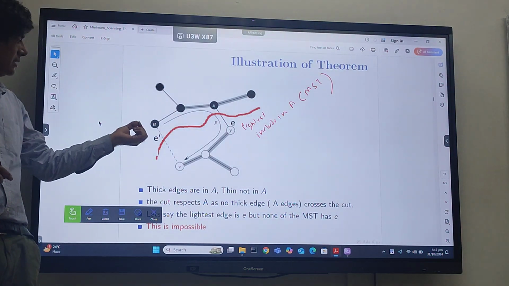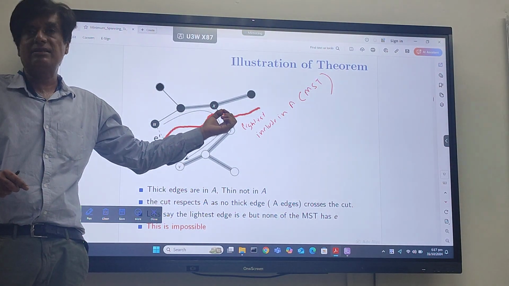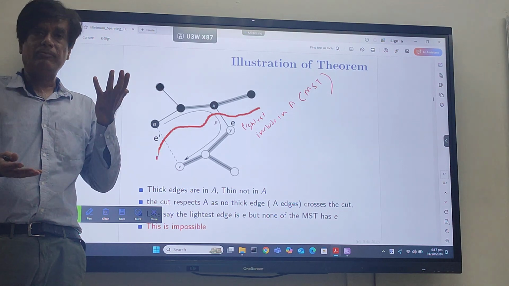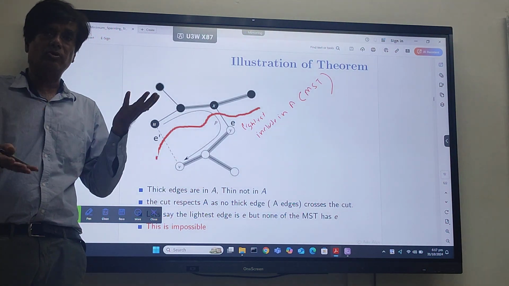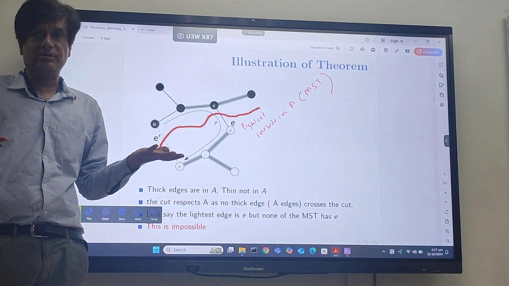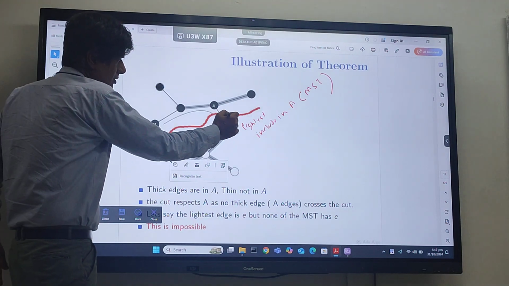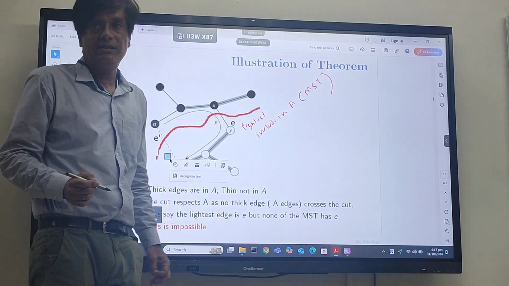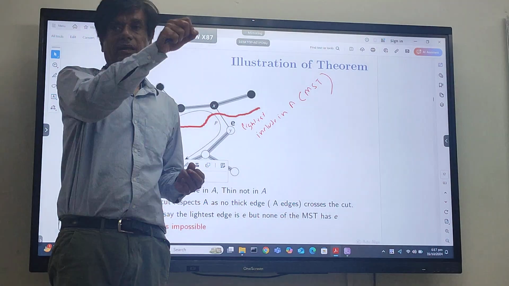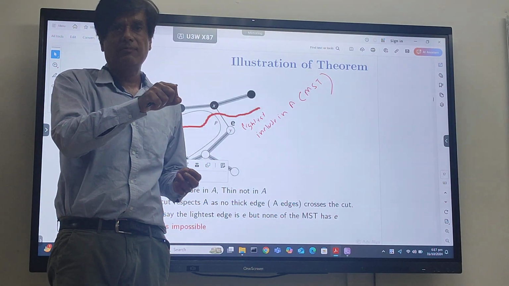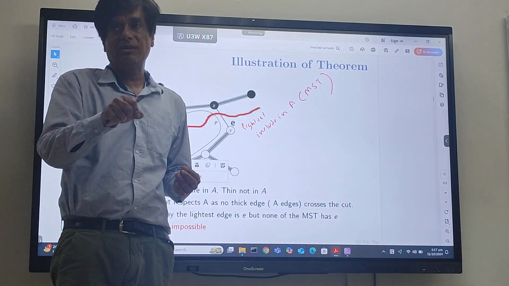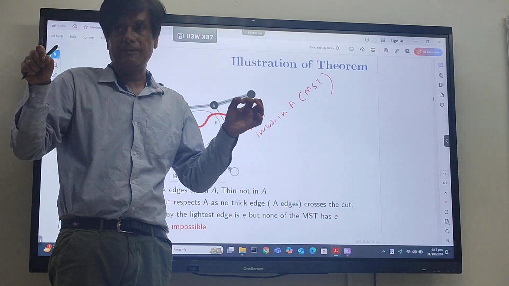And if E dash and E have the same weight, that will mean they correspond to two different MSTs. I hope you understand. So if this has a weight of 2 and this also has a weight of 2, we can choose any of those. So essentially the MST that we'll get will have the same weight.